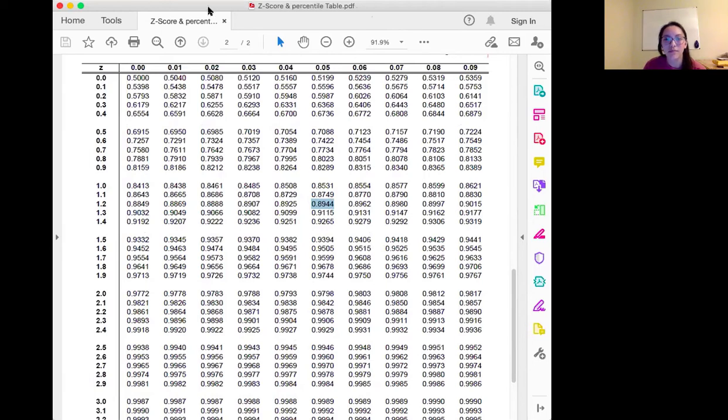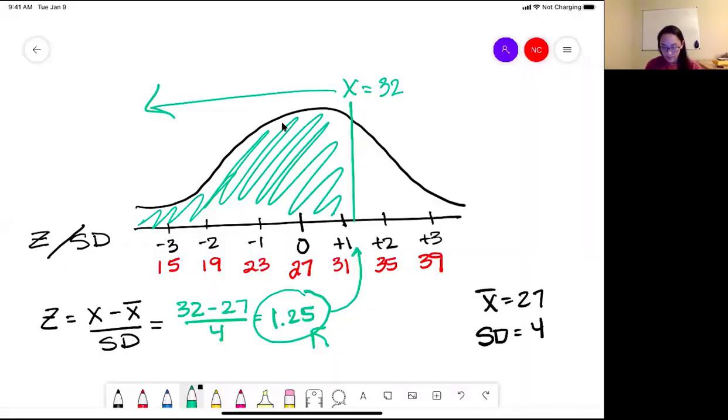So 89.44%, if I switch back to my whiteboard, there it goes. I was like, come on, you're lagging. That means that this, I'm going to erase this real quick.